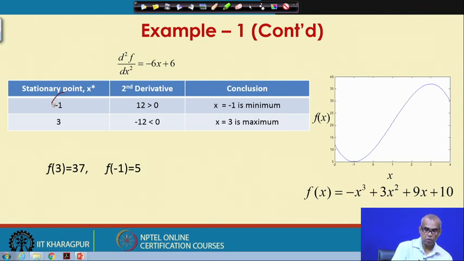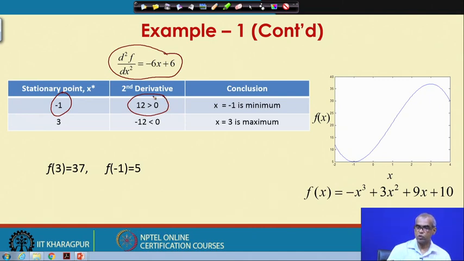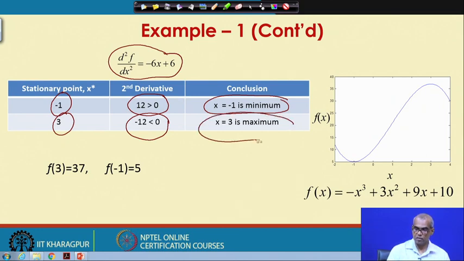Let us first take stationary point minus 1. This is the expression for the second derivative. Putting x equal to minus 1, we get the value of the second derivative as 12, which is greater than 0. So, x equal to minus 1 is minimum. Similarly, by putting x equal to 3, we get the value of the second derivative as minus 12, which is less than 0. So, x equal to 3 is maximum.